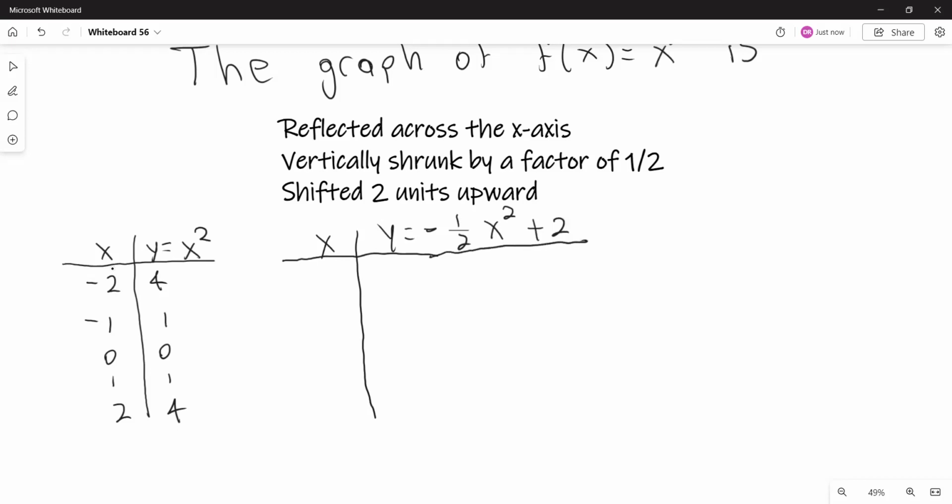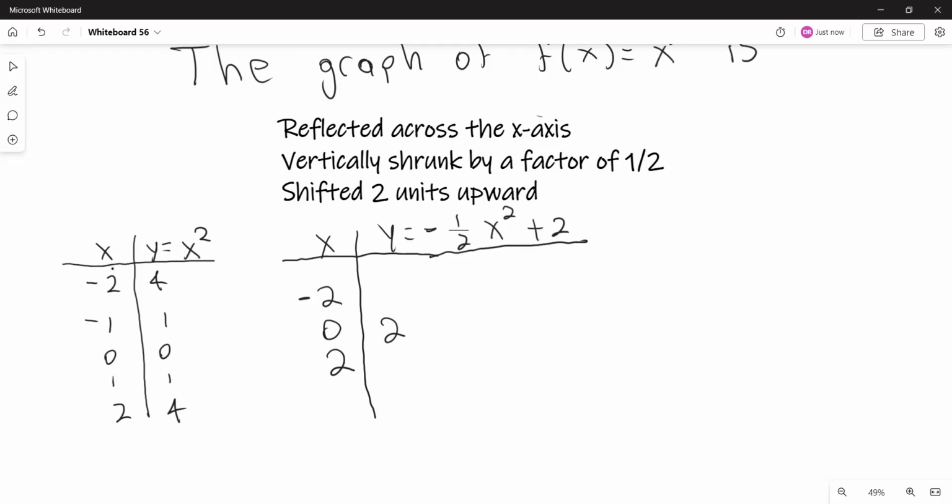So that was vertically shrunk by a factor of 1/2. So we're going to multiply each x value by 2. That is, I'm not going to take x equals 1 because I don't want any fractions. I can start with 0, that's fine. 0 times whatever is 0 plus 2 is 2. But the next one, I'm going to choose -2 and 2. So I don't have to plot any fractions.